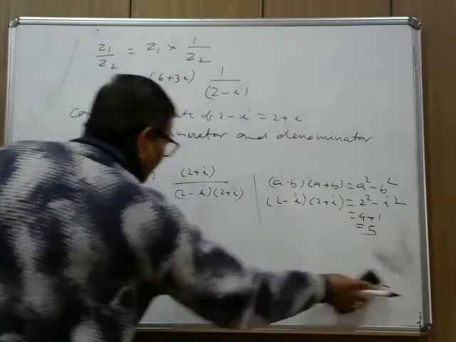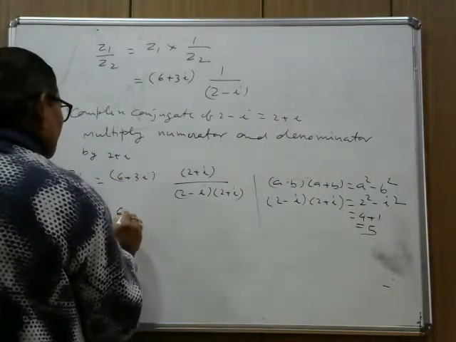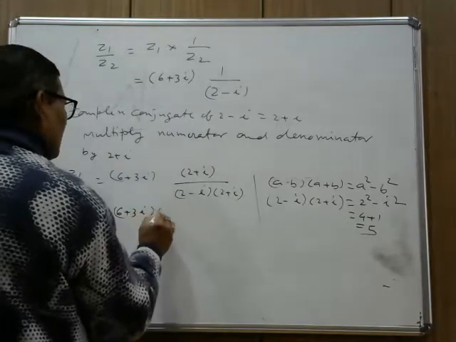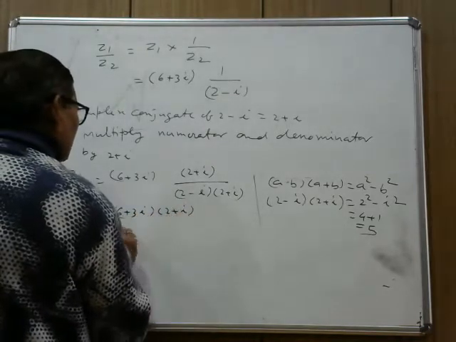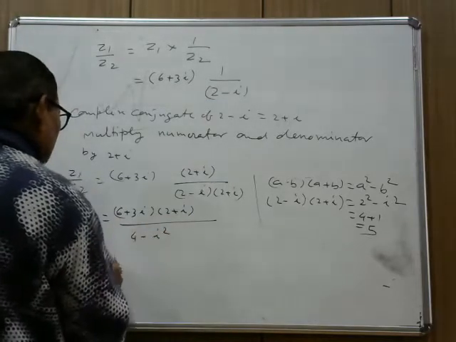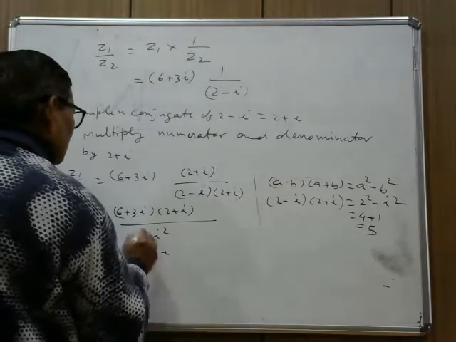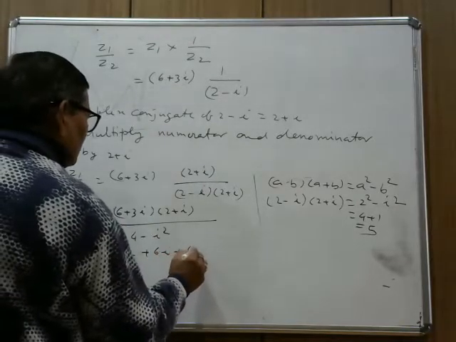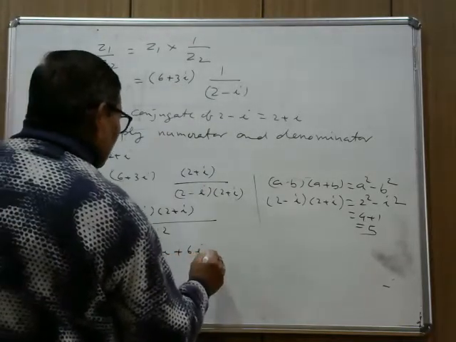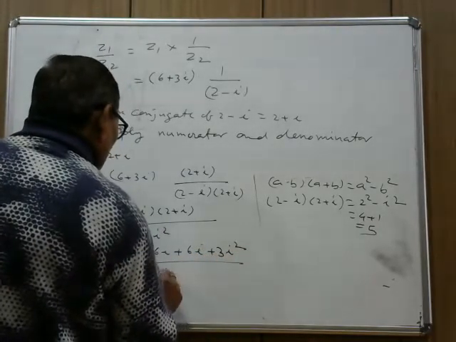So you can write that is equal to (6 plus 3i) multiplied by (2 plus i) upon 4 minus i square. Now you make the multiplication. 6 into 2 is 12, plus 6 into i is 6i, plus 3i into 2 is 6i, plus 3i square, upon 4 plus 1.